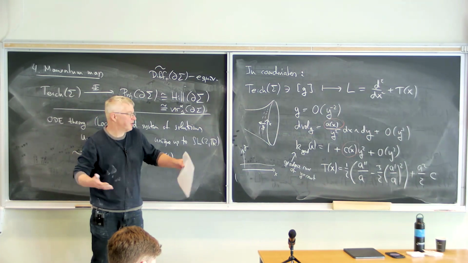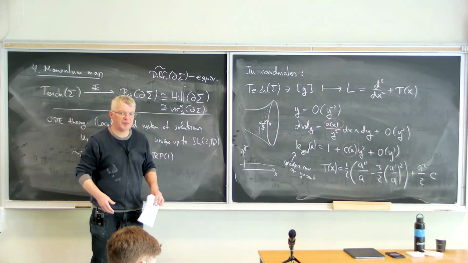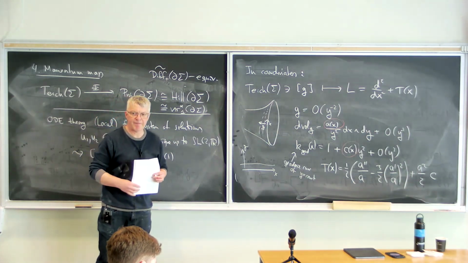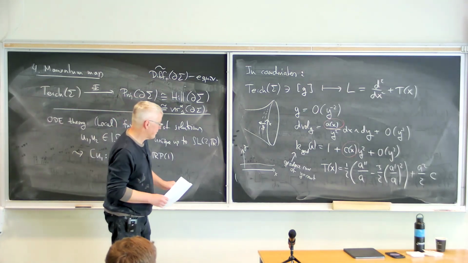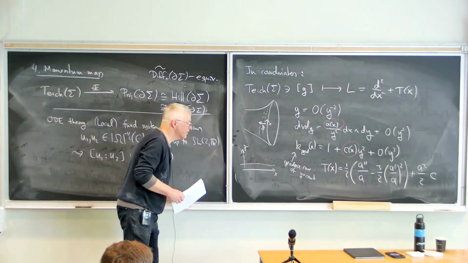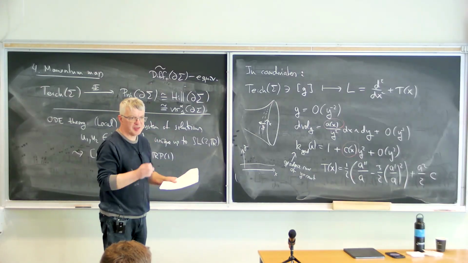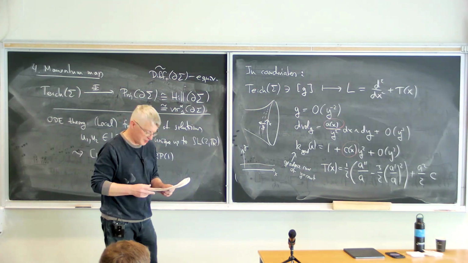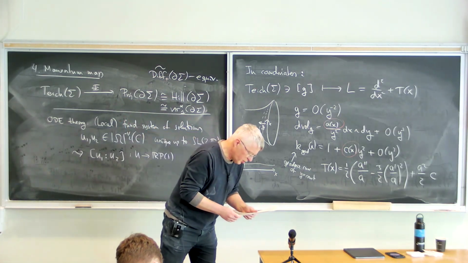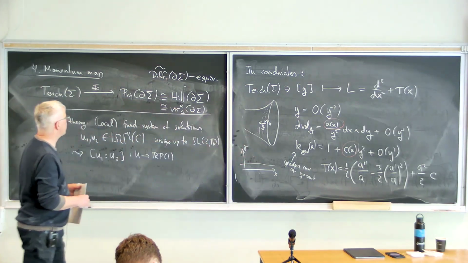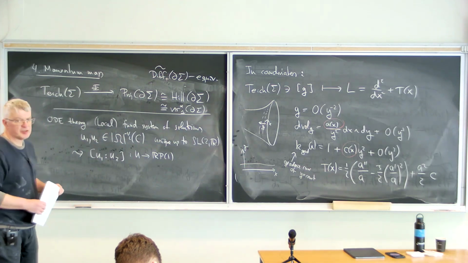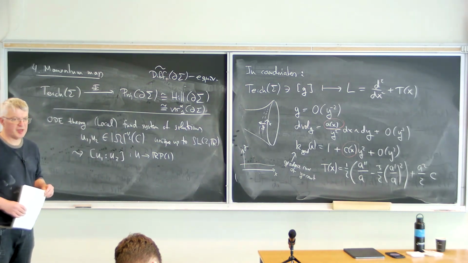It looks nice, but it's just a matter of calculation, really. I just want to say everything's very explicit. We can work out all the formulas. Right. So that's all I want to say about the momentum map.